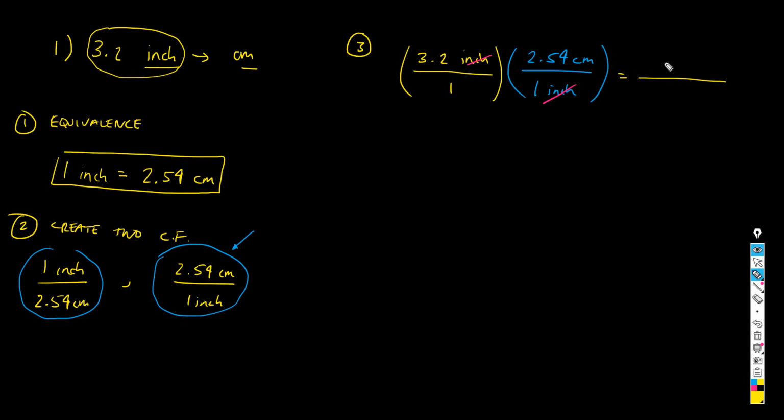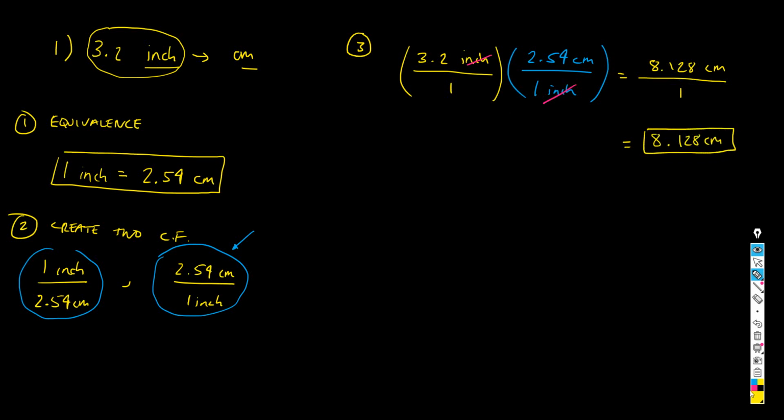And let's do that operation. I'm going to get 8.128 centimeters. And below, I'm going to get just 1, which is 1 times 1, it's 1. And finally, this is the same as this.